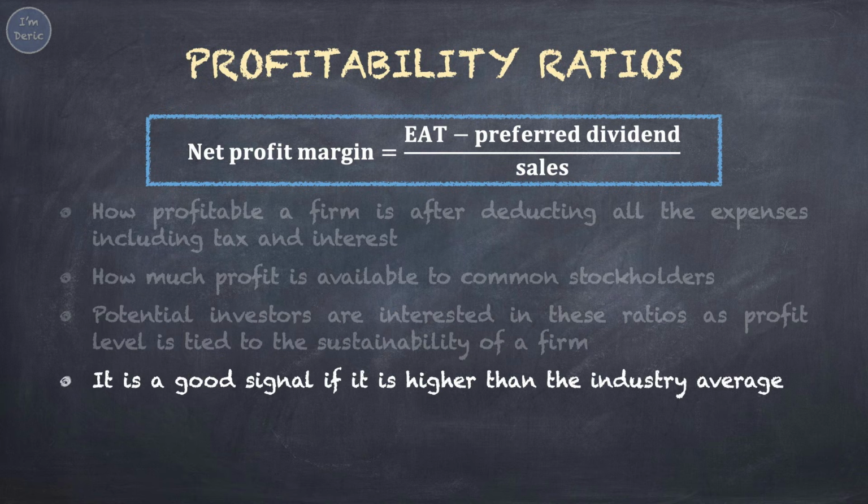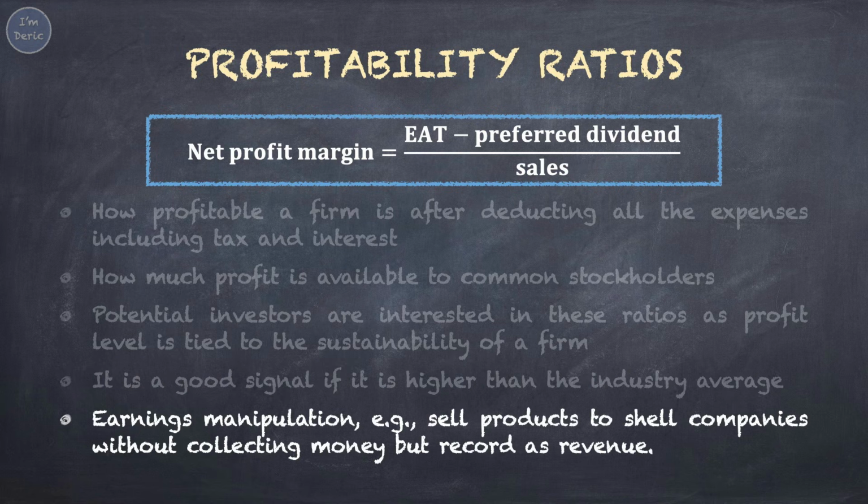It is a good signal if it is higher than the industry average. However, this ratio may be subject to earnings manipulation. For example, the company may sell products to shell companies, which means the fake companies, without collecting money but record it as revenue. This could produce misleading results to the investors.